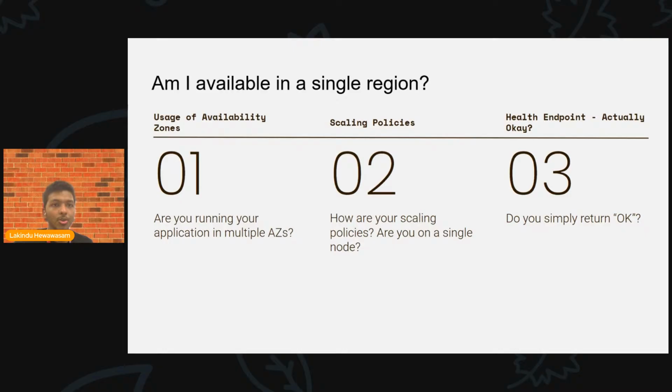You have to ping them to see if they respond and acknowledge well, because your health endpoint should be an indicator that your entire application is working and not just a single part of your application. So when you design an application, you have to make sure that criteria is met as well.